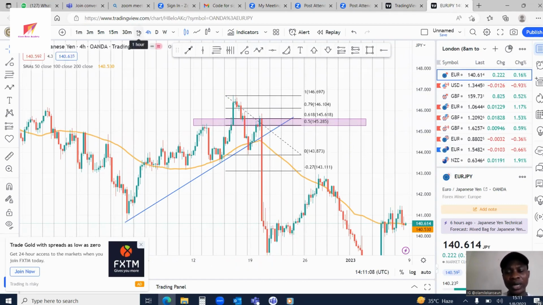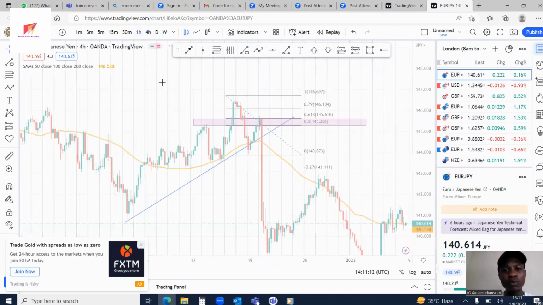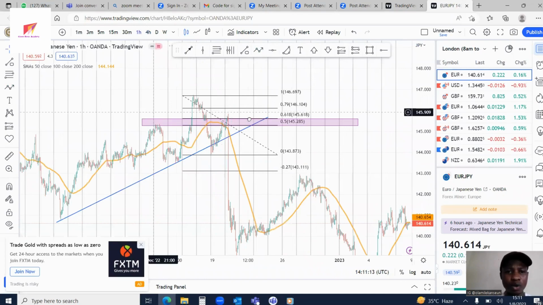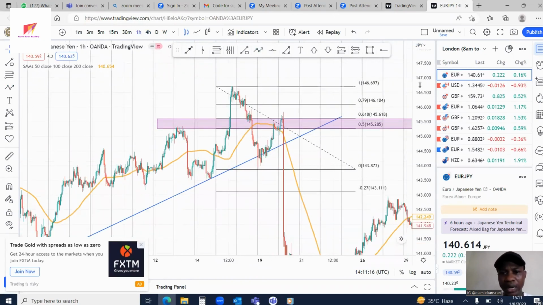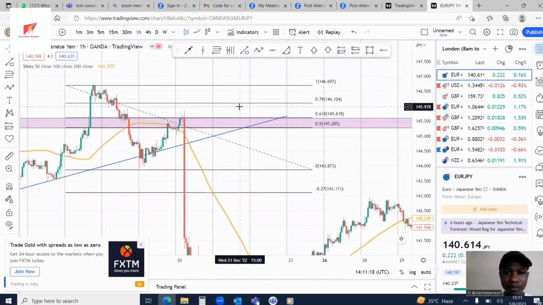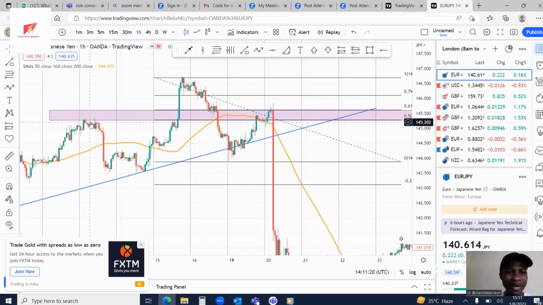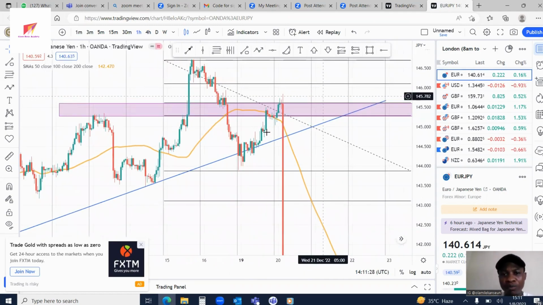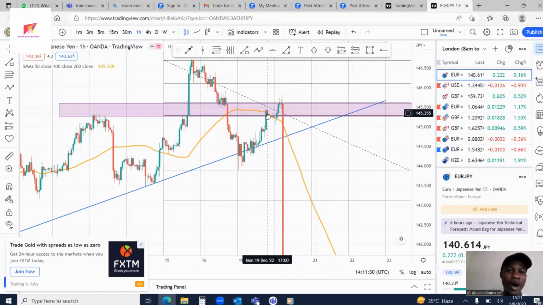Because I didn't see my confirmation, if you go to the lower time frame, something happened in the lower time frame, right? So just look at it. The market came back to test this previous high, which is the left shoulder, right? But at this point, some people would have entered the market here, but I did not, because I have not seen my confirmation.